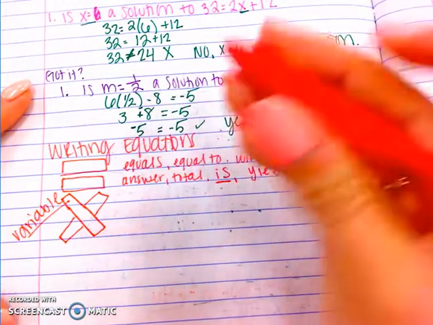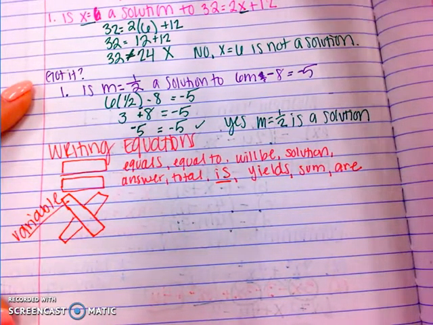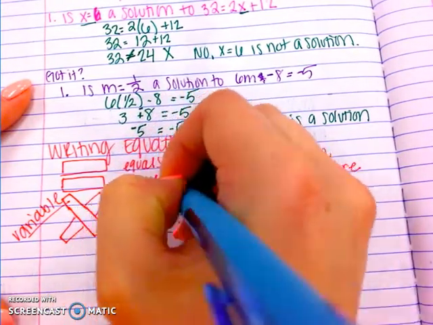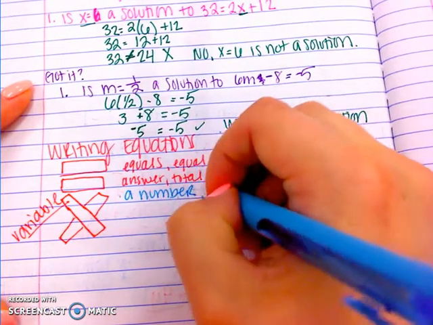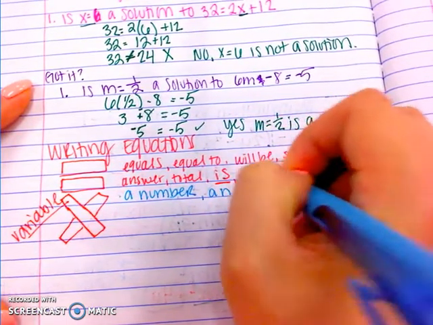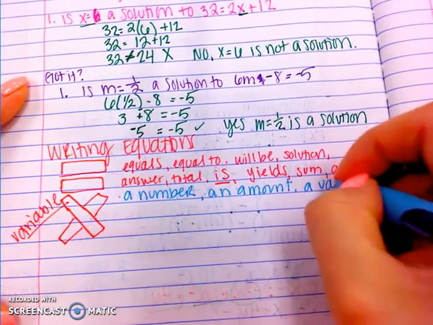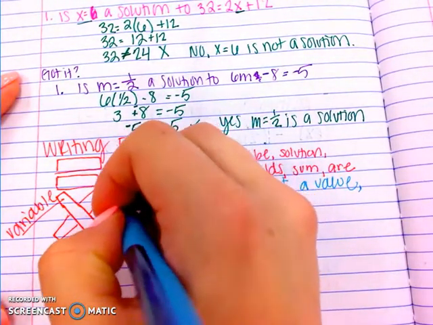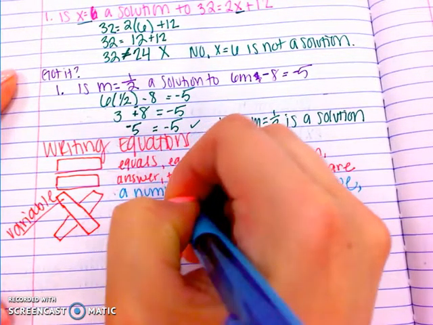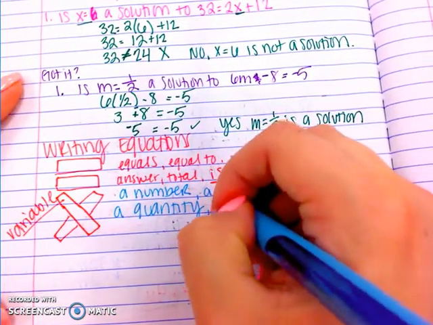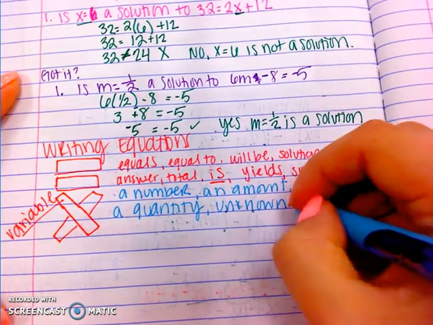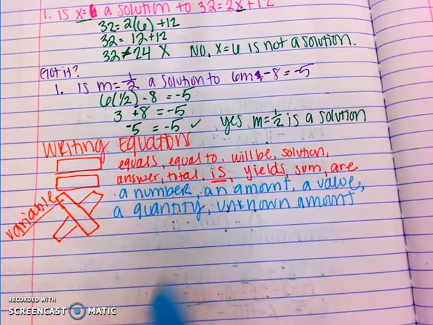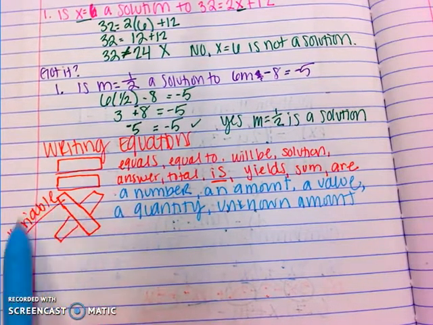If you see something that says, or the words a number, an amount, a value, and then it doesn't tell you what the value is, a quantity, and then it doesn't tell you what the quantity is, unknown amount. Okay, when you see those words, you know that you're going to be writing an equation, and there's going to be a variable involved.